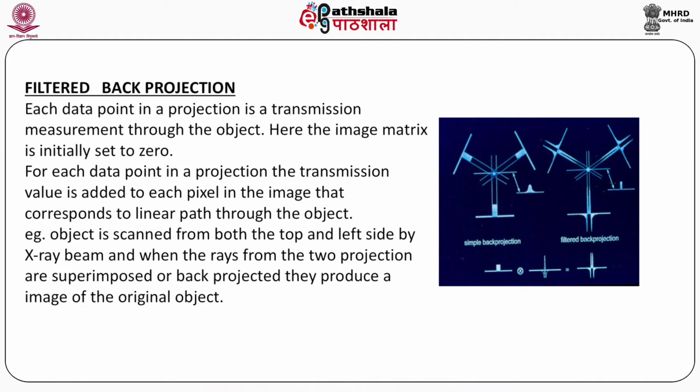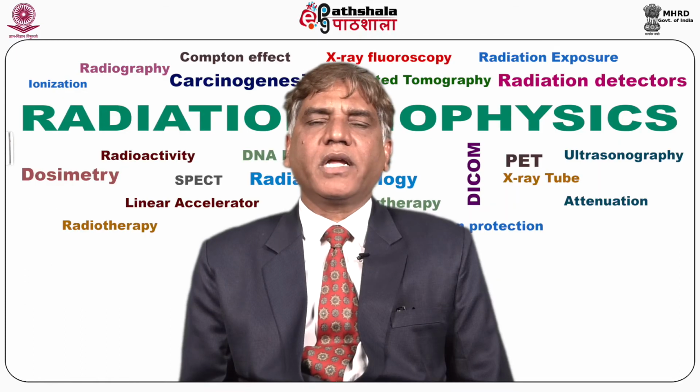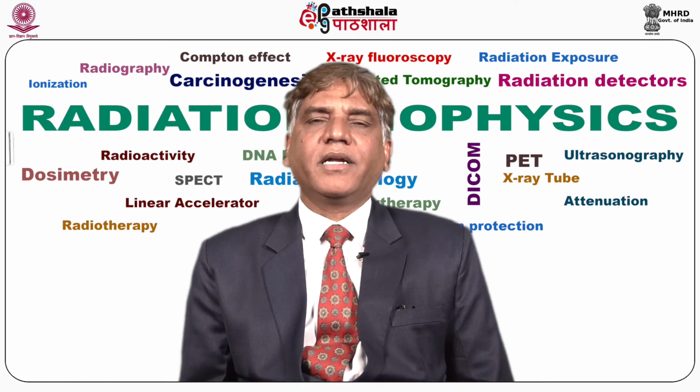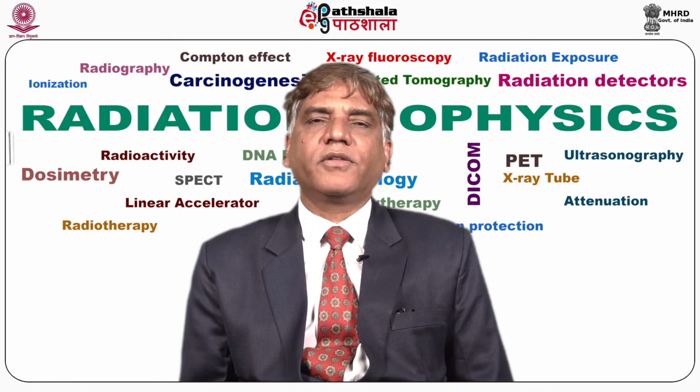For example, if the object is scanned from both the top and the left side by the X-ray beam, and the rays from the two projections are superimposed or back projected, they produce an image of the original object. So initially the total value is projected back equally in all the voxels, and then the data are summed up from different directions and utilized to reconstruct the image.